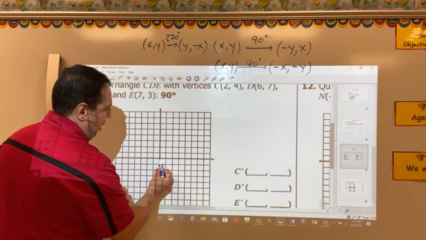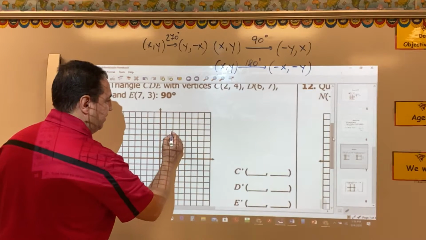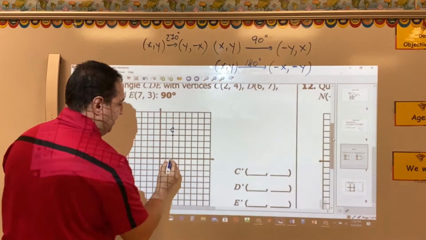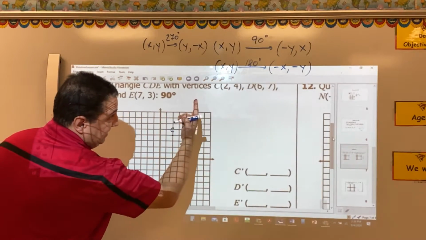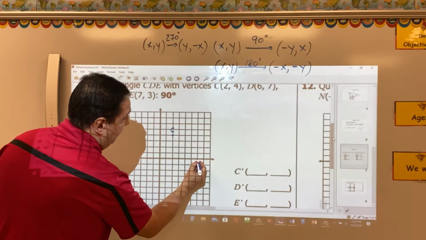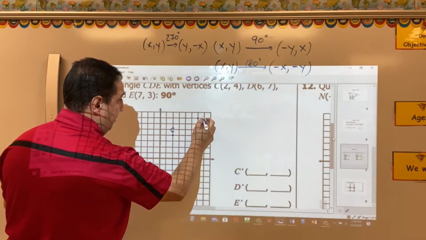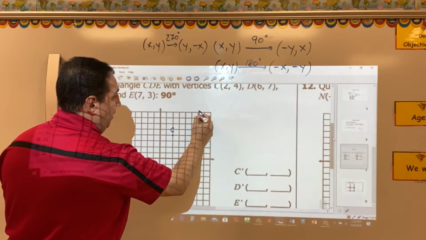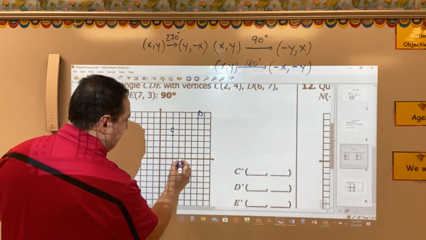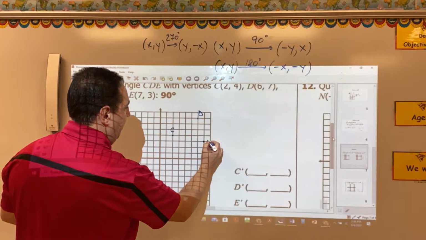So 2 is the x coordinate, 4 is the y coordinate. So C would be located here. Then D, 6 and 7. 6 is the x coordinate, right here, and 7 is on the y coordinate, right there. This is D. And E has coordinates 7 and 3. It is right here. E.